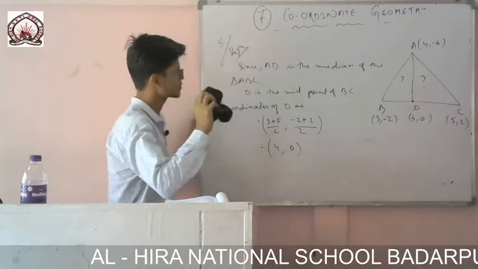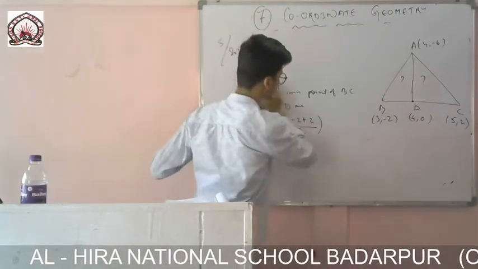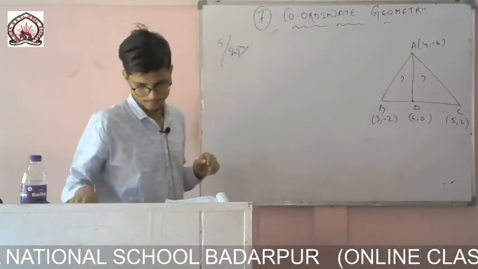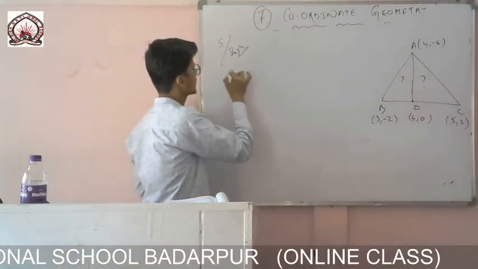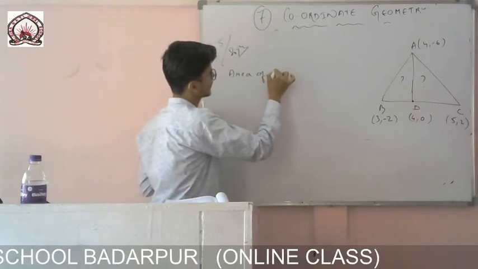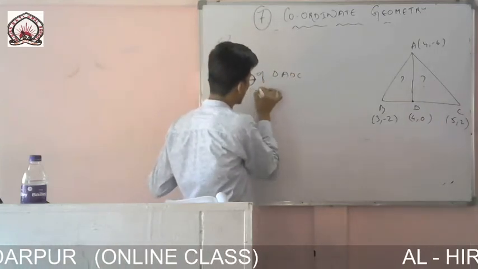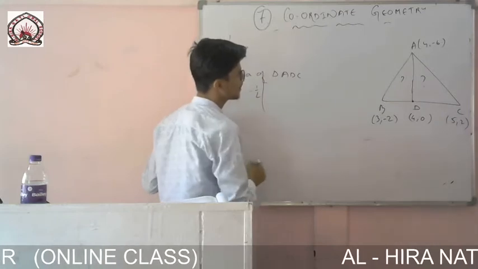So I am erasing this one. Therefore the area of triangle ADC will be half into the formula.